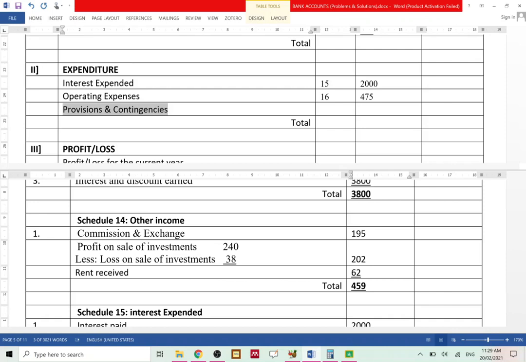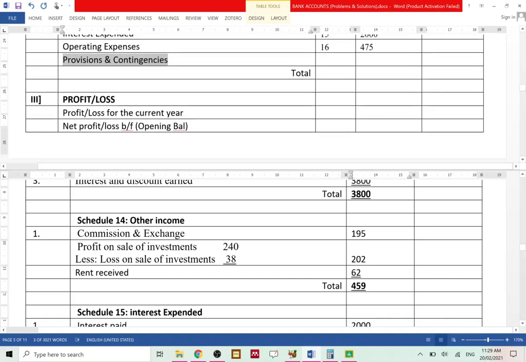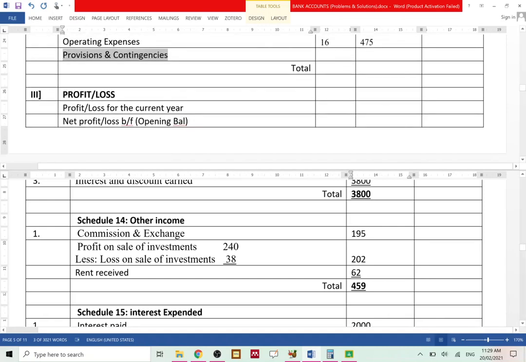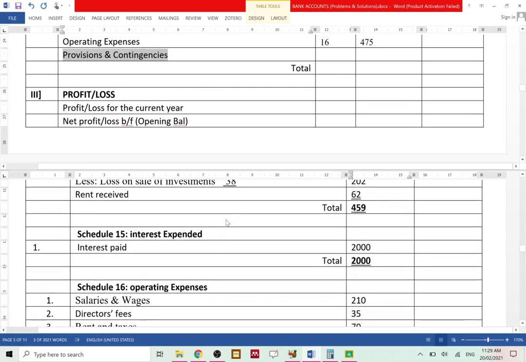All right, so accordingly we will make those calculations in our working notes and we will arrive at the different figures related to all those provisions and contingencies.